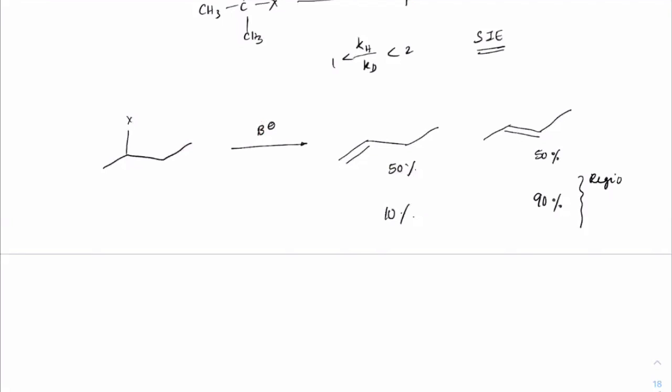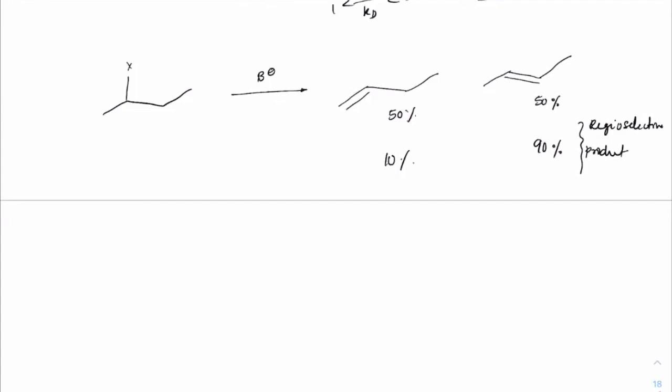So this is regioselective, and the same way if you look here, since the base is approaching this most as compared to that of this, this direction on which it is attacking is called regiospecific. This is regiospecific. So I guess you understood the difference. What is regiospecific and regioselective?